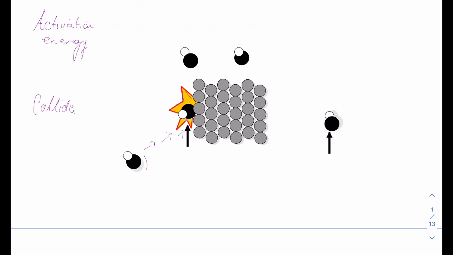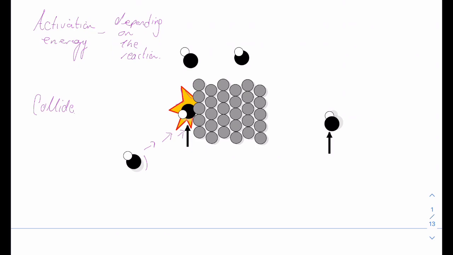Now, the activation energy is different depending on the reaction that you're looking at. Different reactions have different required energies for the reaction to start. So, just a recap.